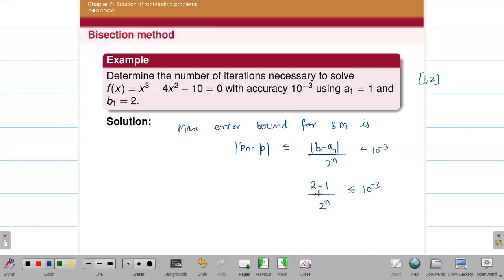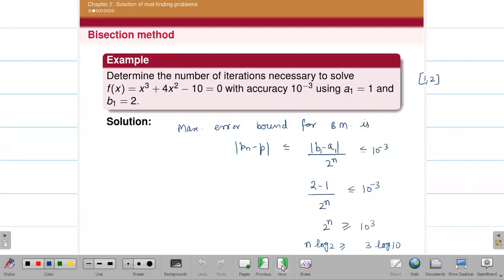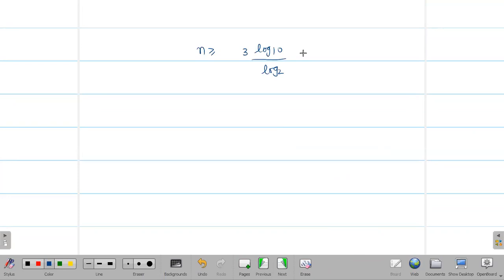So the numerator is 1 only, so I will write 2 raised to power n, and taking the reciprocal here, it will become greater than or equal to 10 raised to power 3. Now taking log on both sides, it will give you n log 2 greater than or equal to 3 log 10. So find n from here. n will be greater than or equal to 3 log 10 divided by log 2, so the approximating value is 9.965.